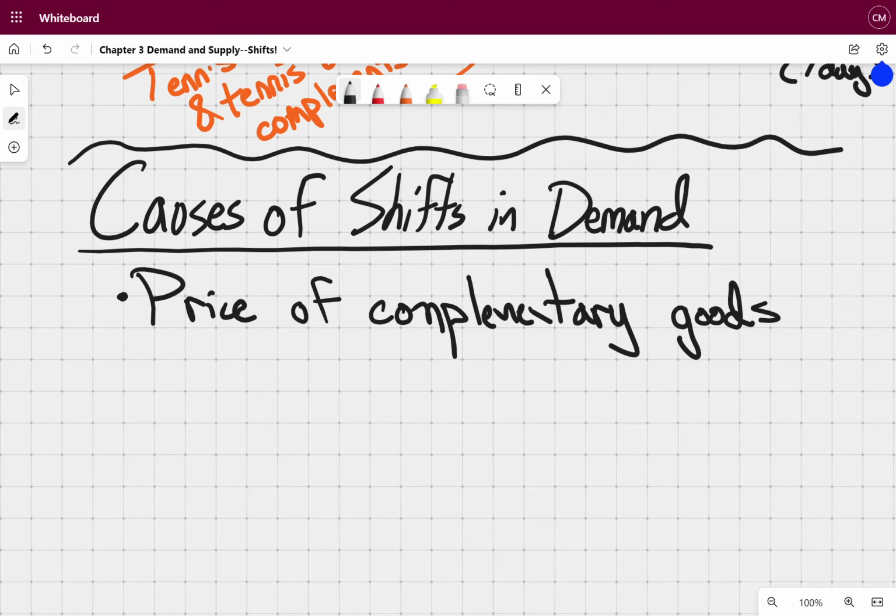I'm sure there should be bicycle helmets and bicycles, but unfortunately not so much, right? The other one, well, there's many. There's 6 total, right? So the second one is the price of another type of related good called substitute goods.